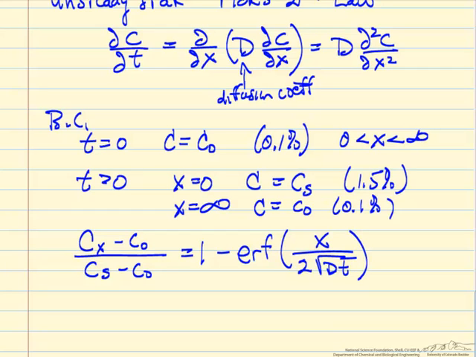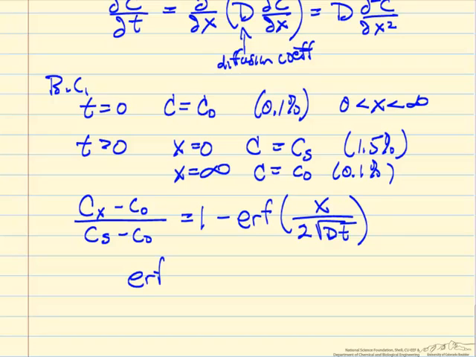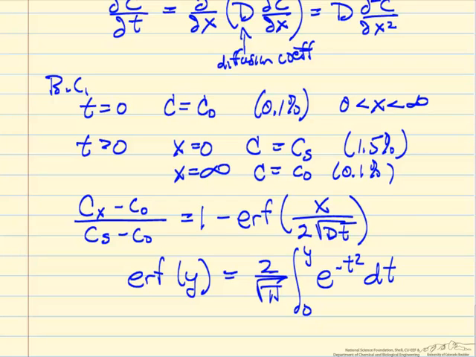The error function is just a mathematical function that arises in a number of cases. The error function of y is 2 over the square root of pi, times the integral from 0 to y of e to the minus t squared dt. And there are tables of error functions, or programs that can calculate error functions.